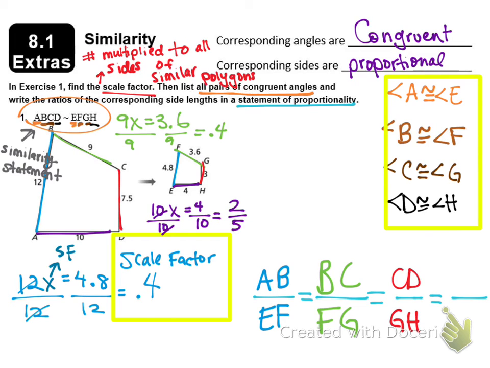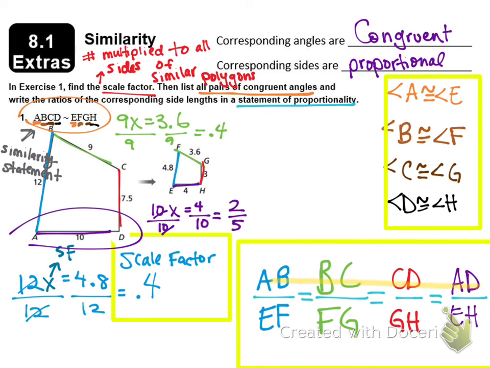And then the last one, AD, sorry, it's the letter D. AD, or DA, doesn't matter. If I say AD, what goes in the denominator? EH. What matters is that the top is all from the same shape, the bottom is all from the same shape, and the corresponding parts are together.